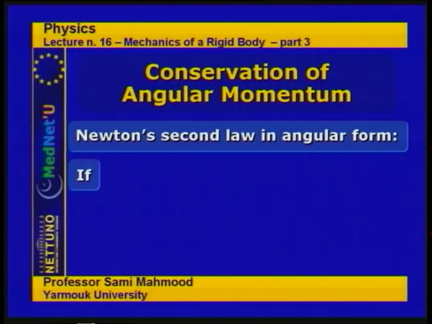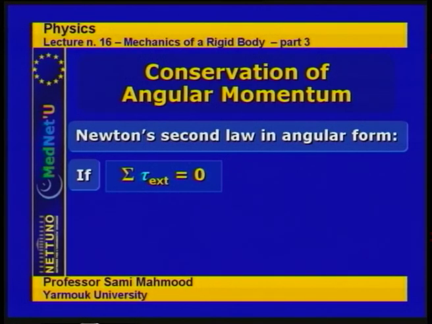And finally, we can come to the principle of conservation of angular momentum for the system. And we recall Newton's second law in angular form, or for rotation, that is summation of tau external is equal to dL by dt for the system.